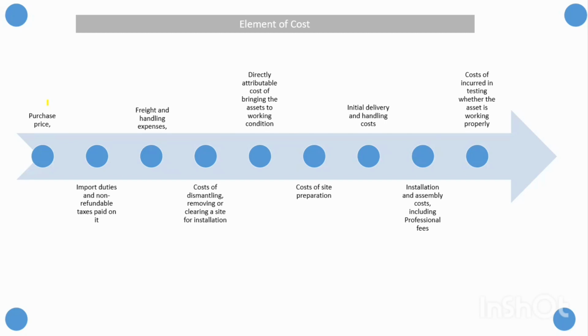There are also directly attributable costs of bringing the asset to a working condition. So you bought an asset and there is some work that needs to be done before you can use that asset. Any amount of money spent in doing such work is also added to the cost of the asset, which is the purchase price.